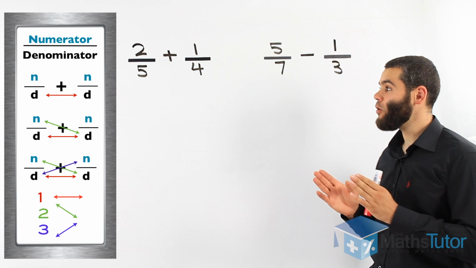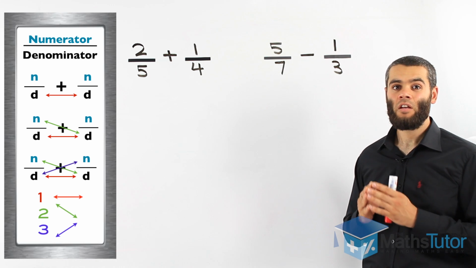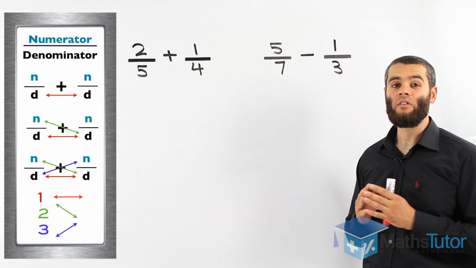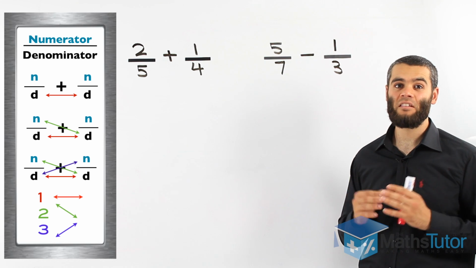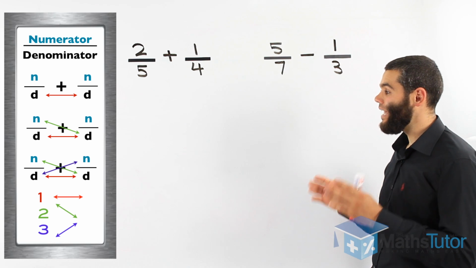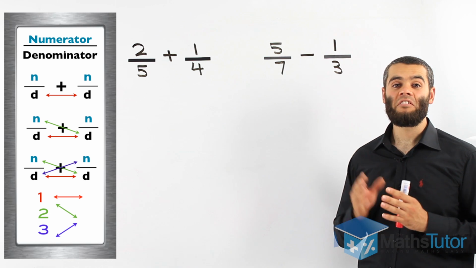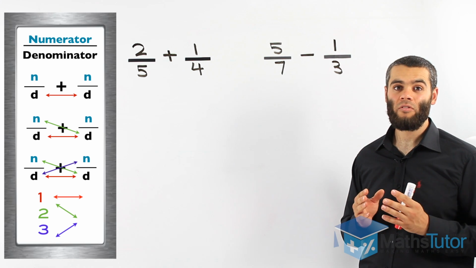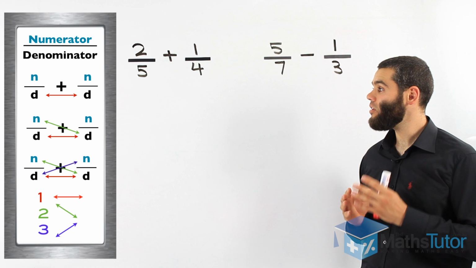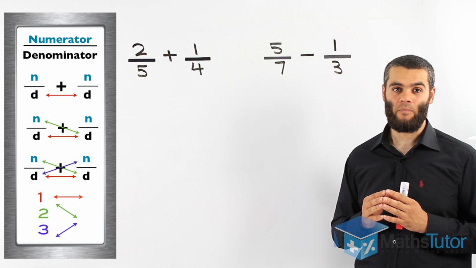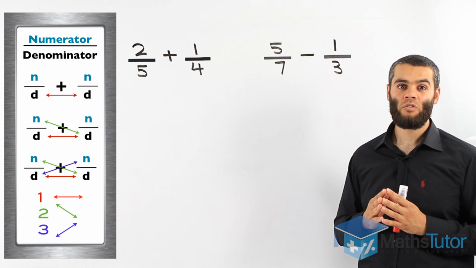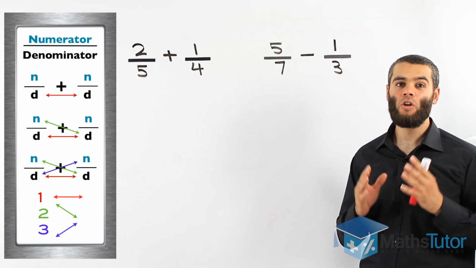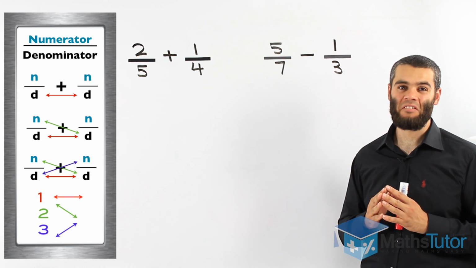So first we multiply the denominators together, then we multiply the first numerator with the second denominator, and lastly we multiply the second numerator with the first denominator. What are we trying to do? We are actually making the denominators the same. That's what this process does.